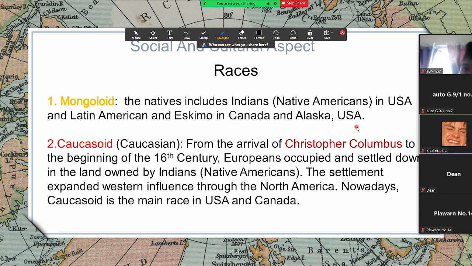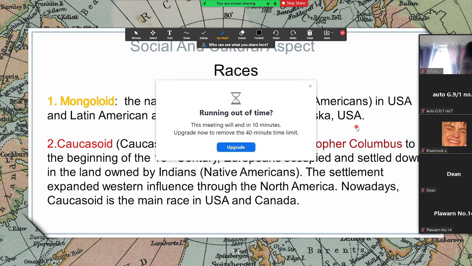So this includes the Native Americans or Indians and the Eskimos in the north. These were the original settlers in the country.